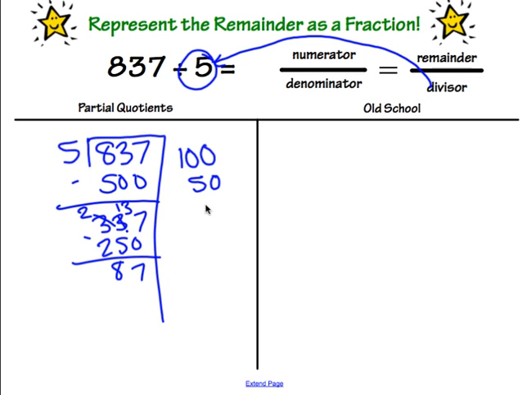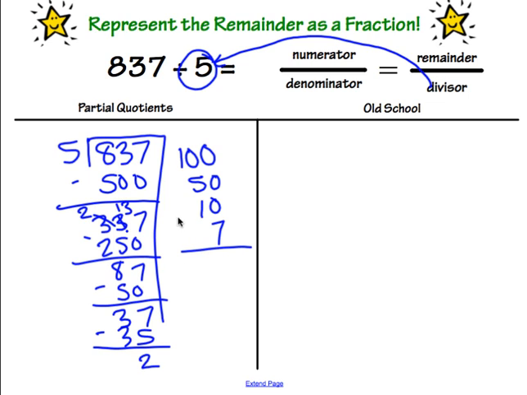I'm going to take out 10 groups. 10 times 5 is 50. I'm going to take out 7 groups. 7 times 5 is 35. And we're left with 2.